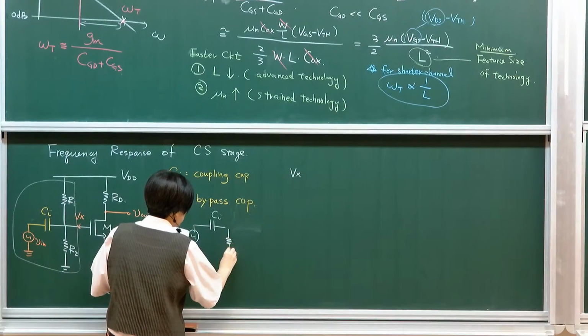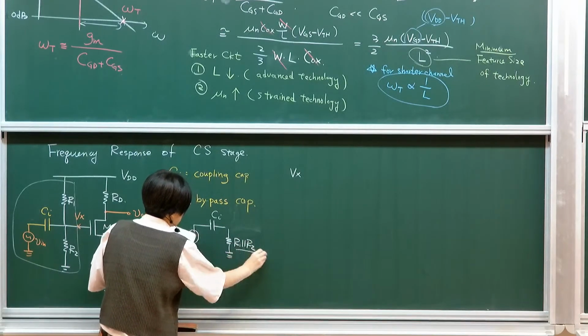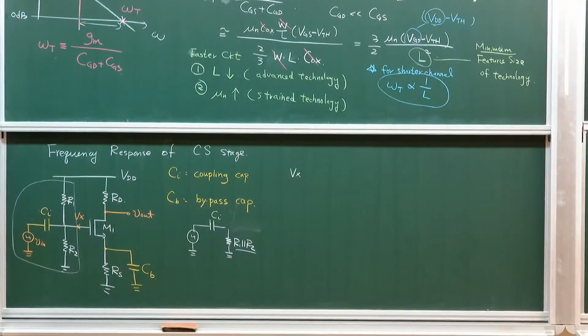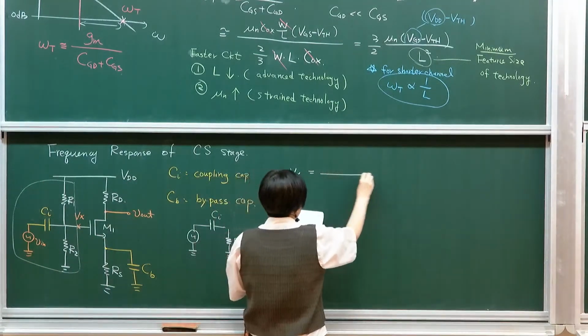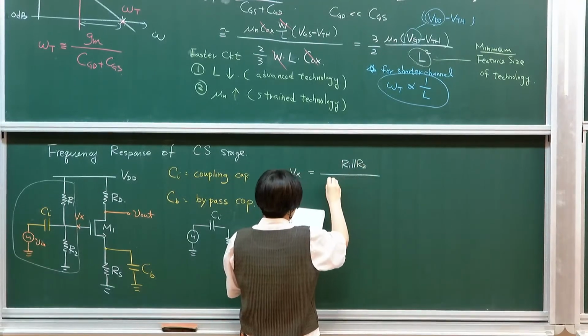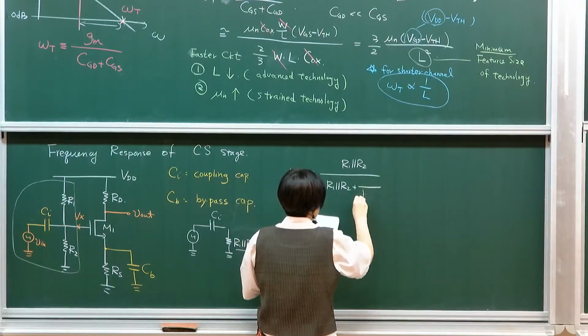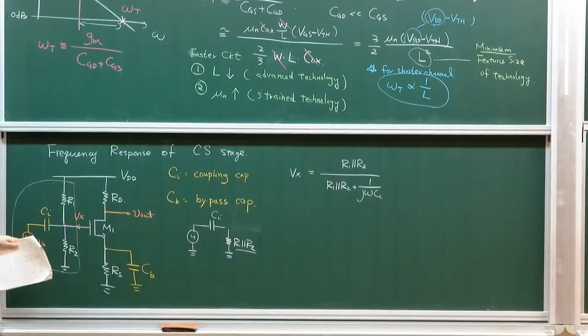Your input terminal will be R1 in parallel R2. The equivalent is that you're looking into R1 parallel R2. So then Vx can be represented as R1 in parallel R2 over R1 in parallel R2 plus 1 over j omega Ci. This is the same as a high-pass single time constant circuit.